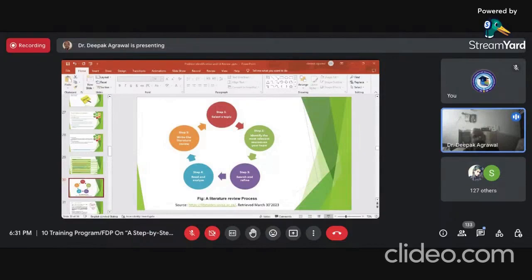Then you can refine it as per your requirement. It may be finance, HR, or production, any of it. Again, you can redefine it. If I talk about finance, then it can be subdivided into banking, maybe insurance, maybe capital market, or any other. Again, read and analyze your data, and finally go with writing the literature review.